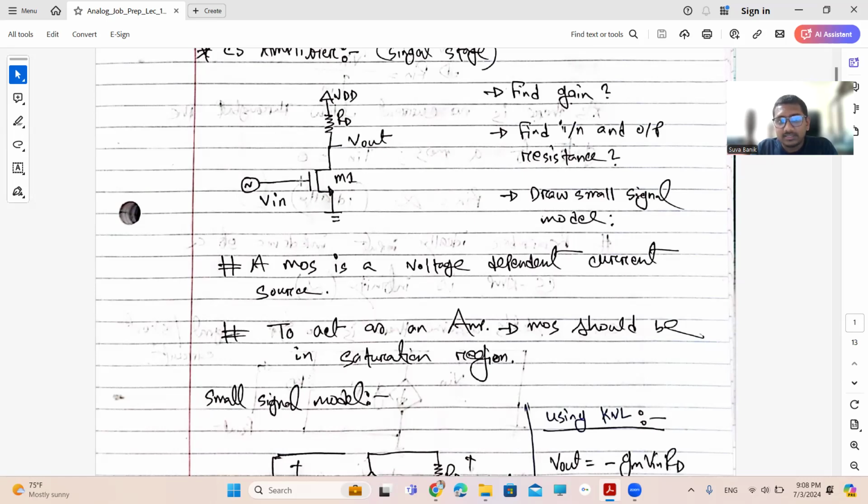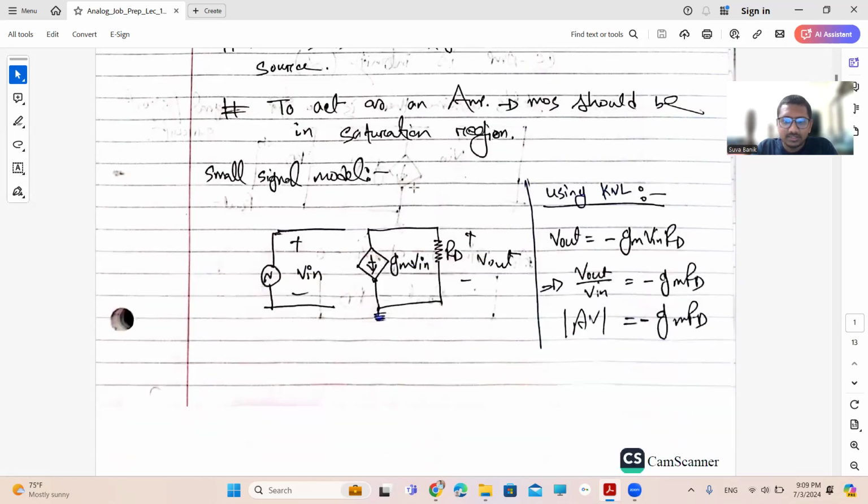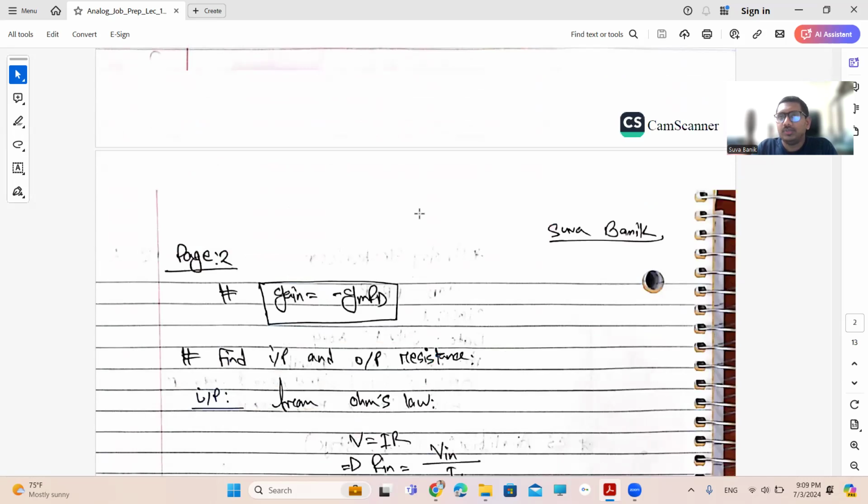From the DC analysis, you can see the VGS voltage as well as its input and output resistance, everything. But ideally, it should be high, so we can assume it may be in the megaohm range.